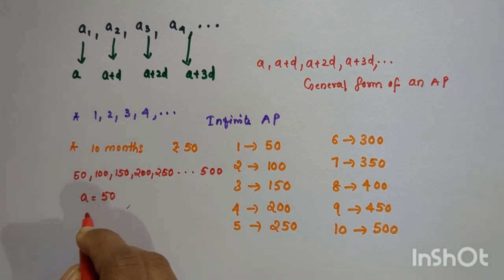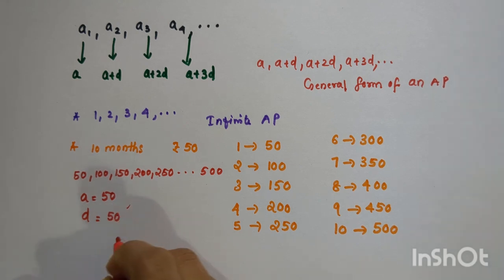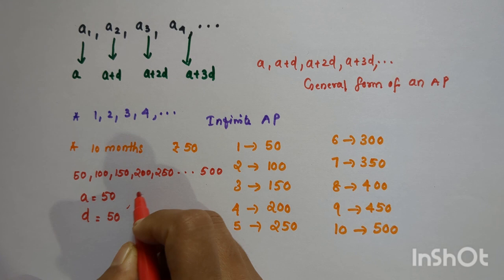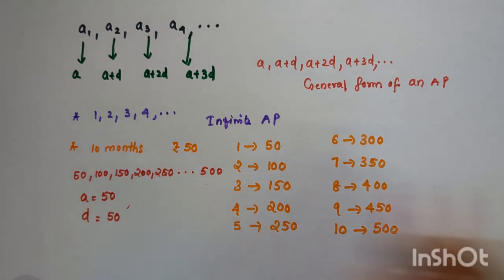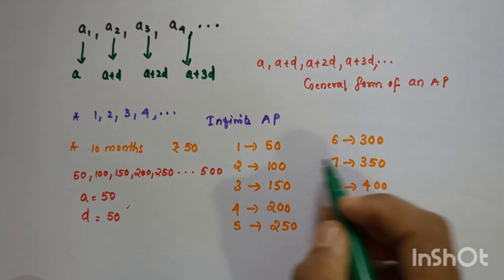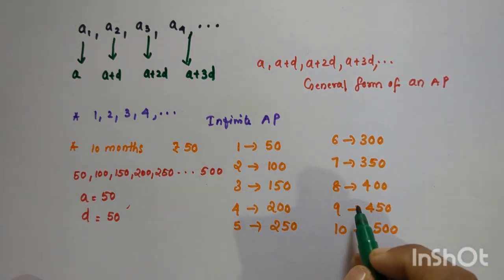What about its common difference D? Its common difference D is 100 minus 50, which is 50. So this actually represents an arithmetic progression AP. In this AP, we have only a finite number of terms. From 50 to 500, only 10 terms are there.